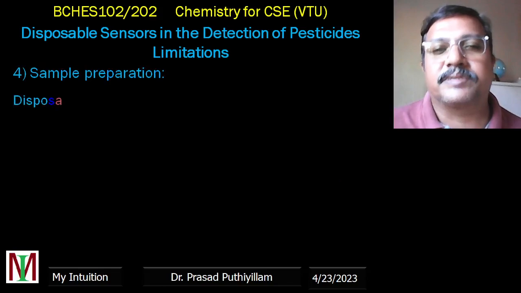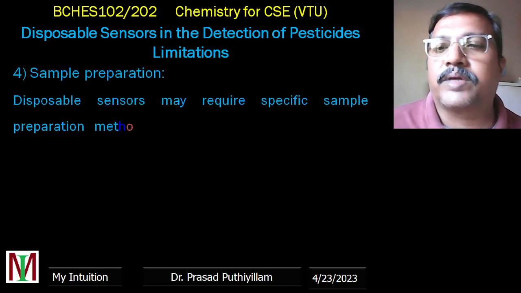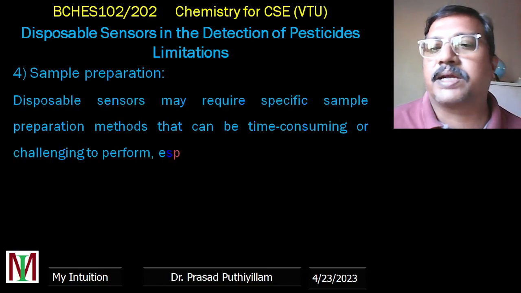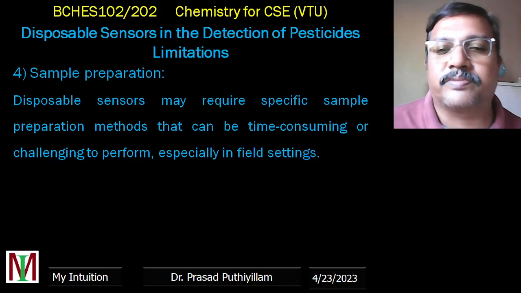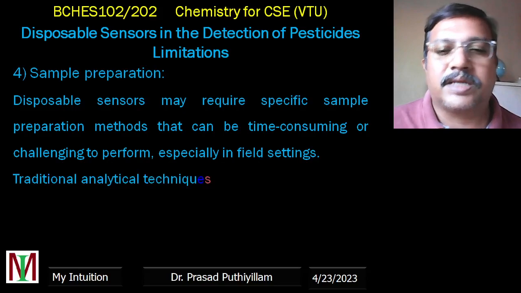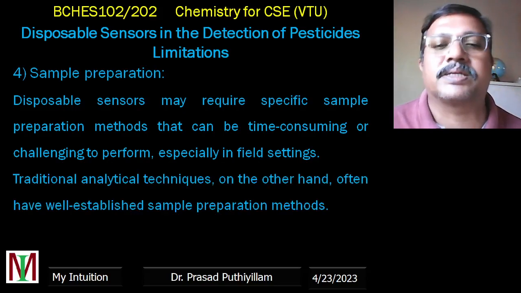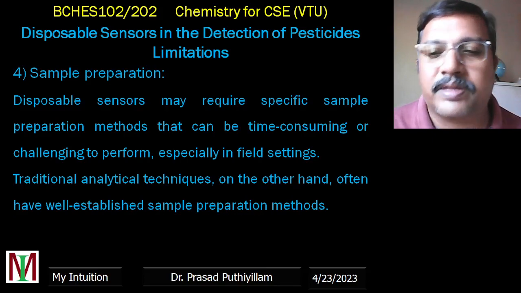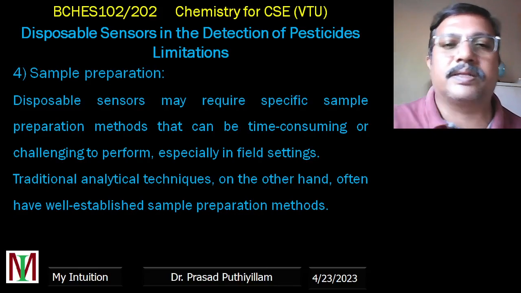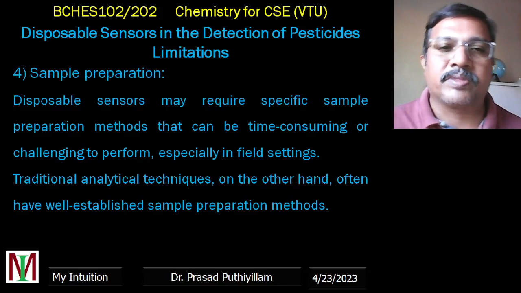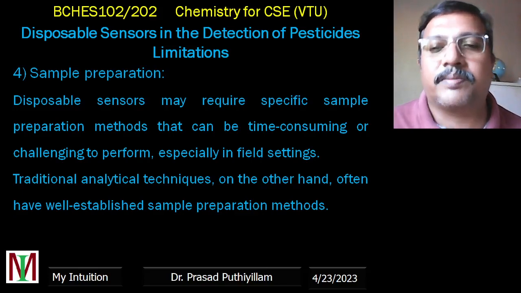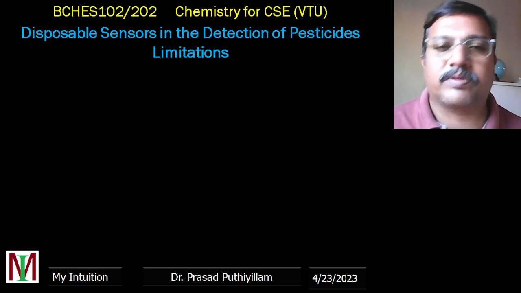Sample preparation: it may require specific sample preparation methods that can be time consuming or challenging to perform, especially in field settings. Traditional analytical techniques, on the other hand, often have well established sample preparation methods. They know everything; once the sample reaches them, the people automatically do it. Here, the sample preparation may be a little confusing for the person using it.